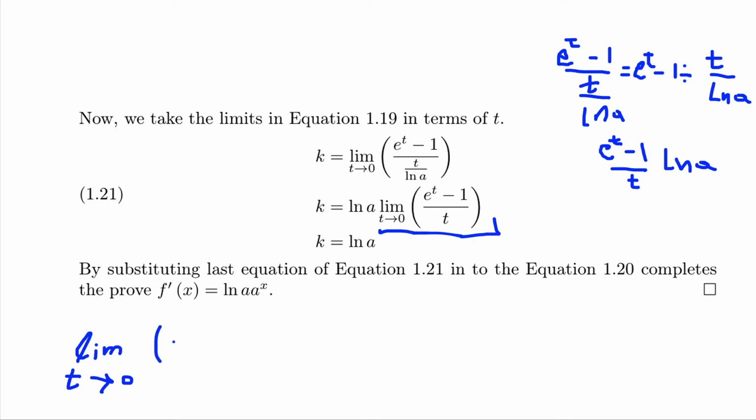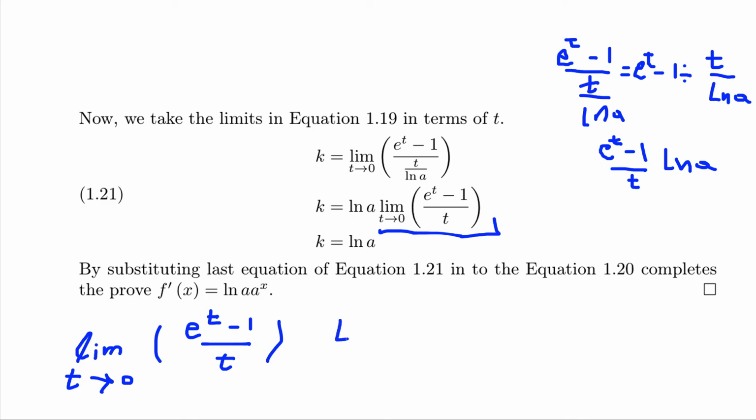If we substitute t by 0, e^0 is 1, minus 1 is 0, and t is 0, so it is an indeterminate form, 0 divided by 0.